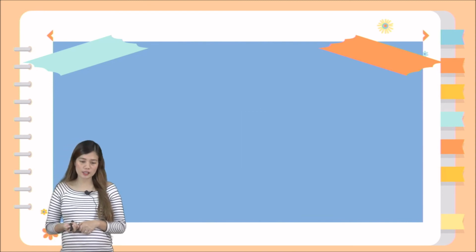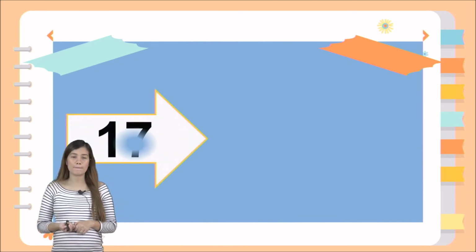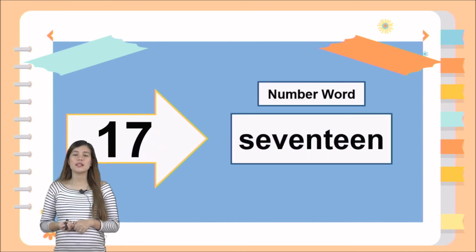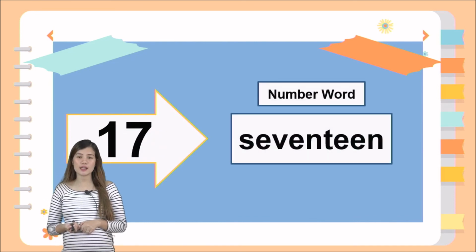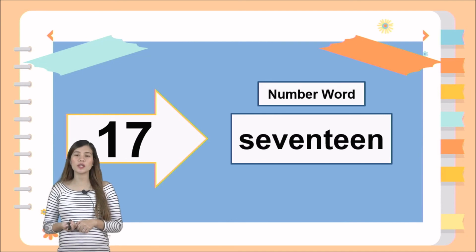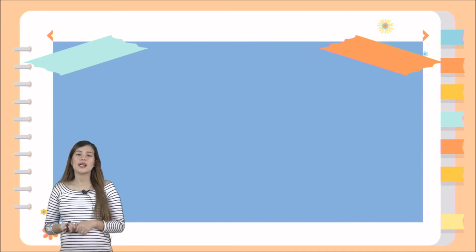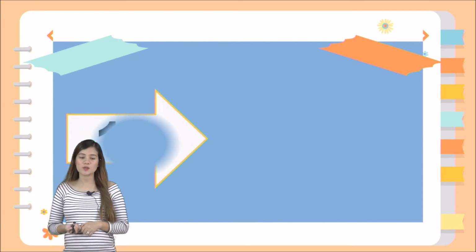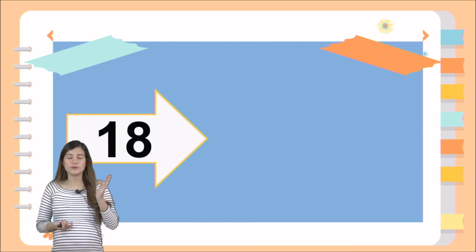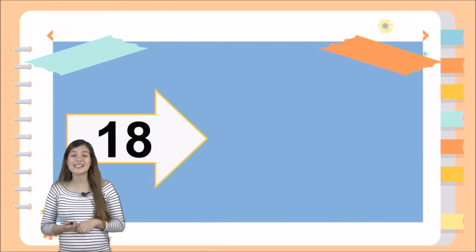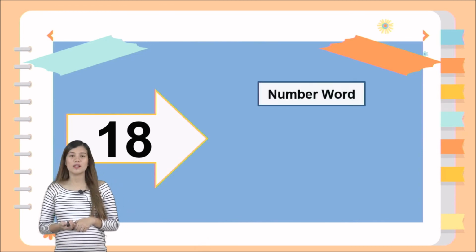And then the next one, we have 17. And the number word is S-E-V-E-N-T-E-E-N. 17. And then next, 18. As you can see, you will put teen at the end.